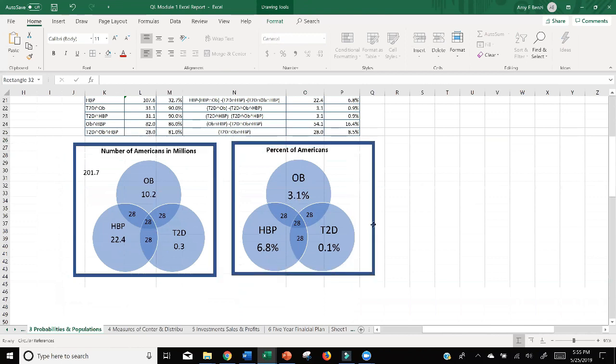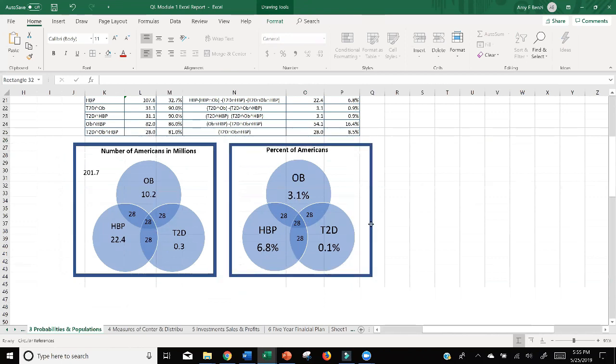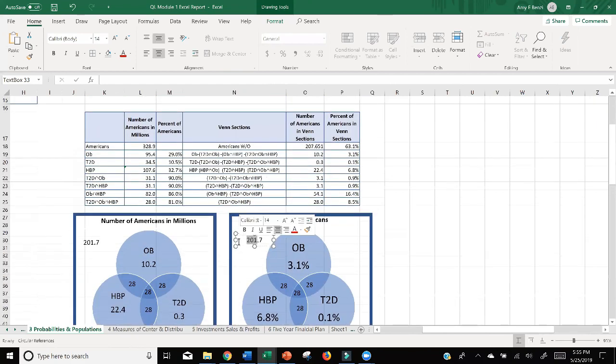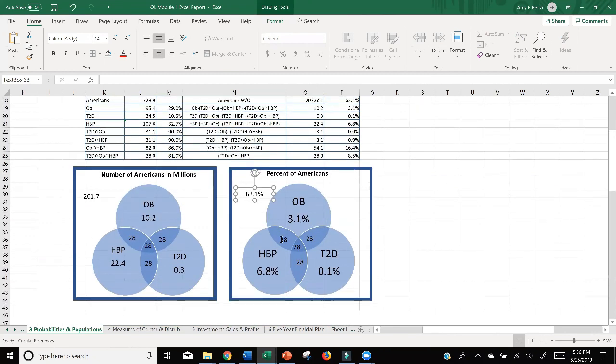I am going to choose this little guy and bring him right over here. And this was 63.1%. All right, now you guys are going to fill in everywhere you see these 28s. I'm going to leave that to you guys to fill in. And I think that we have completed this scenario.